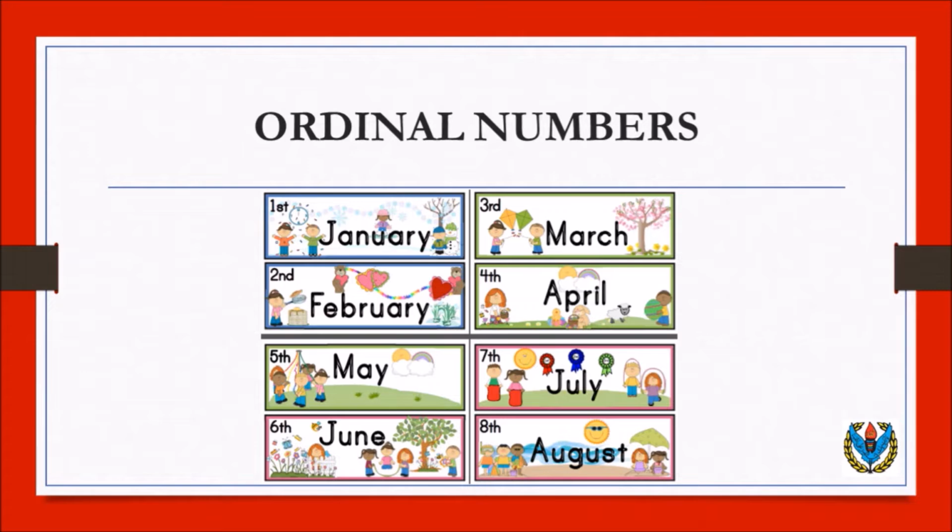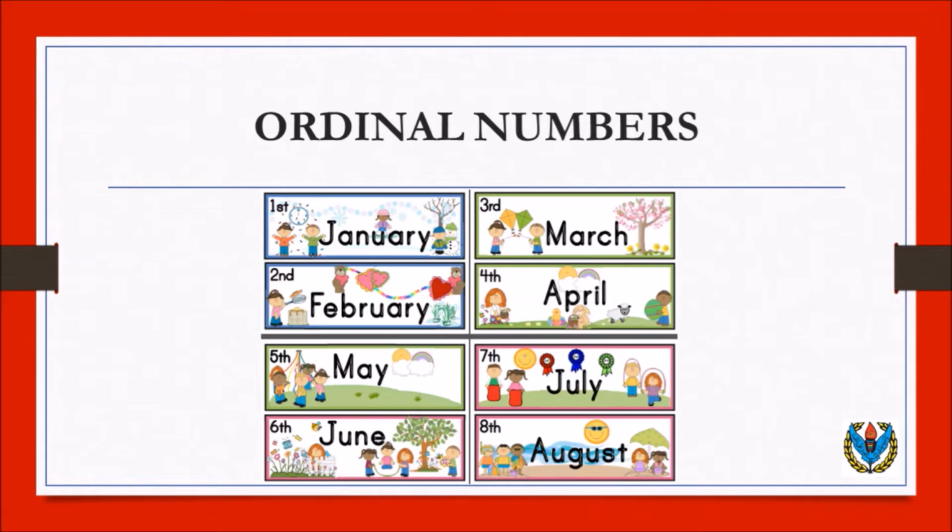We can repeat it. Our regular numbers are 1, 2, 3, 4, 5, 6, 7, 8, 9, 10. And ordinal numbers are first, second, third, fourth, fifth, sixth, seventh, eighth, ninth, 10th.